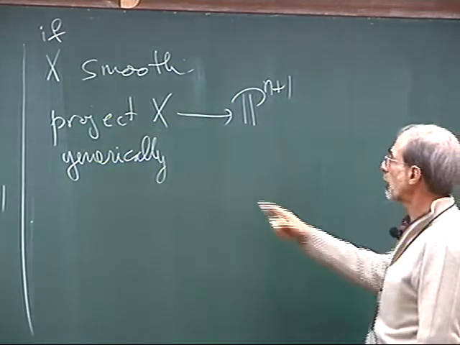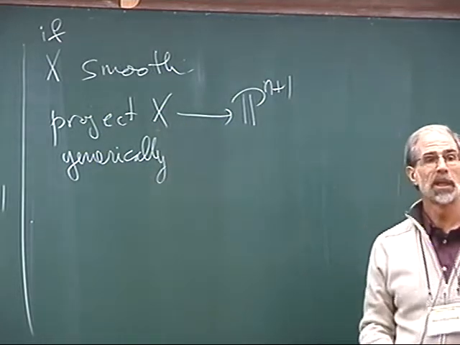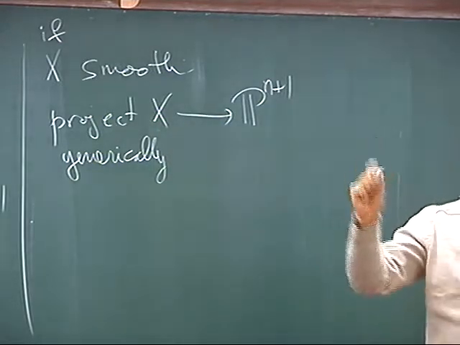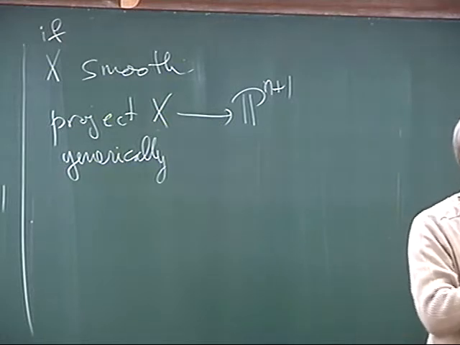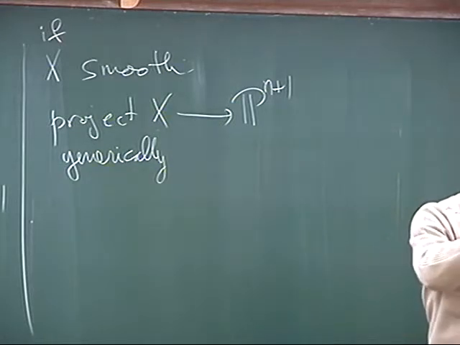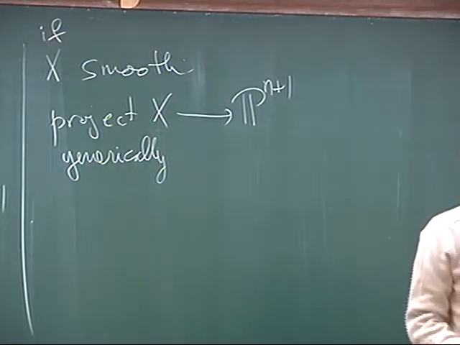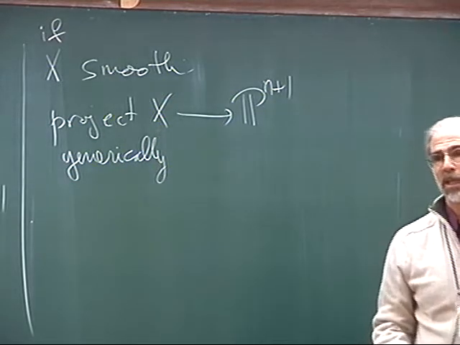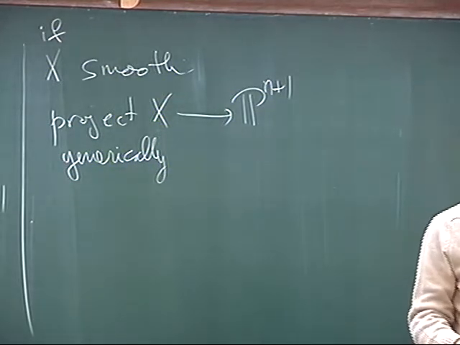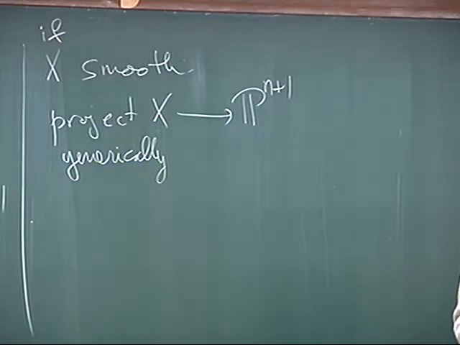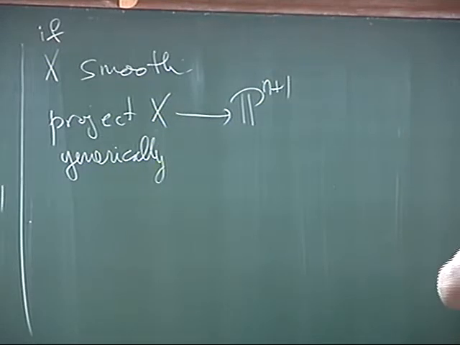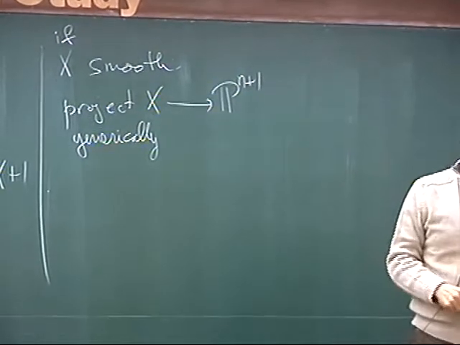Now, what sort of bound for the regularity of fibers could you have? If you project a curve into the plane, then you get double points. So you have fibers of length 2, and the regularity is 2. There, any n points on a line have regularity n. If you project a surface into P^3, let's say from P^5, you will have at worst triple points. Now, triple points, if they're not collinear, have regularity only 2. But if you have 3 collinear points in a fiber, it would have regularity 3.